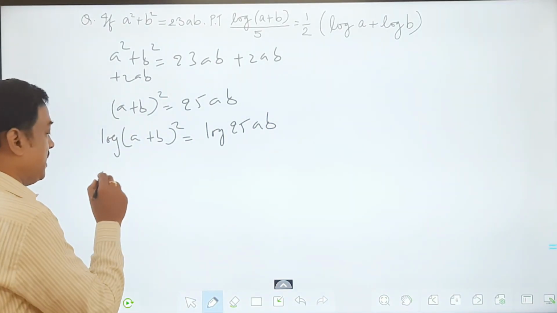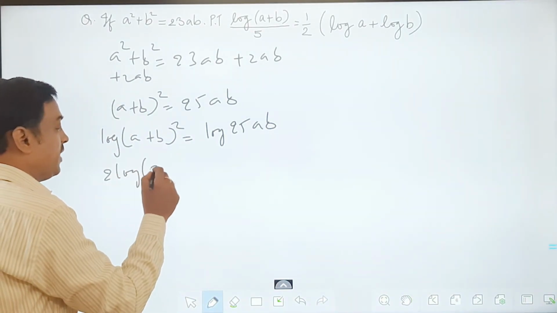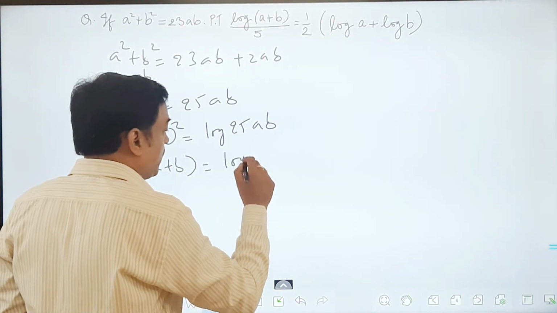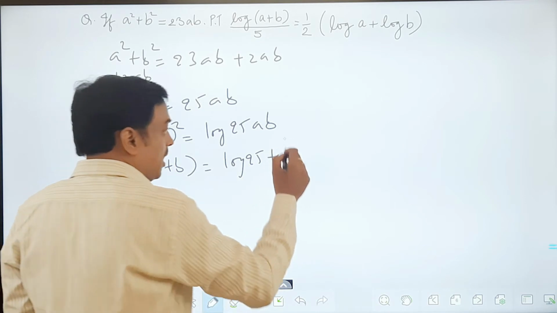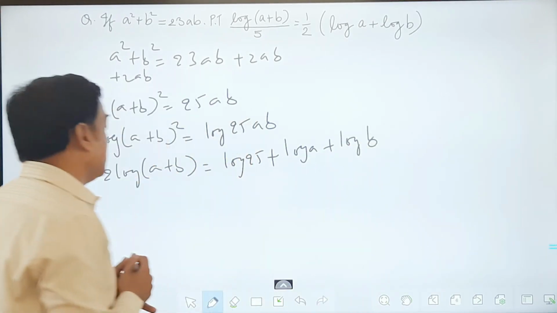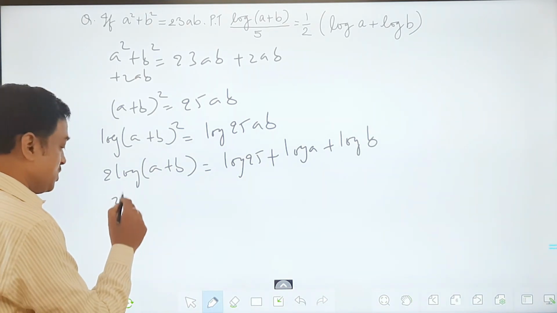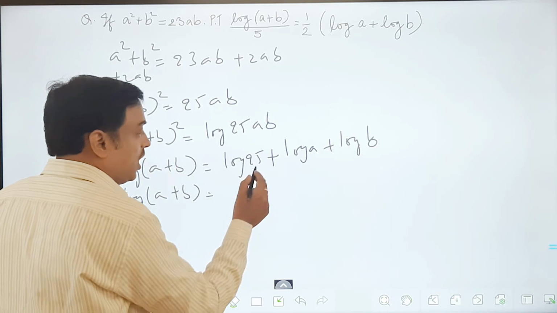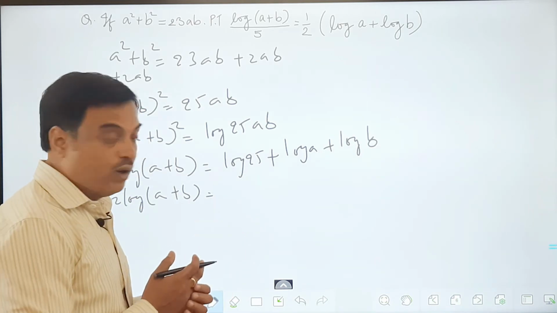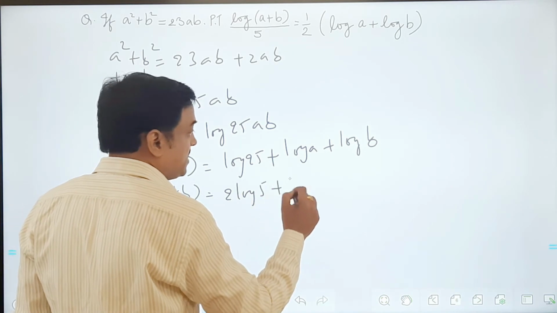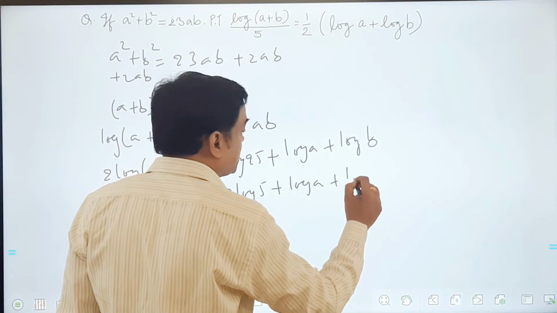And when you open the bracket here, it's 2 log of a plus b is equal to log 25 plus log a plus log b. And 25 can be written as 5 square, we all know that. So it is 2 log 5 plus log a plus log b.